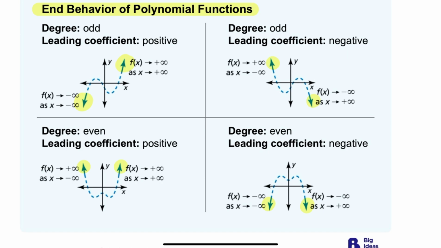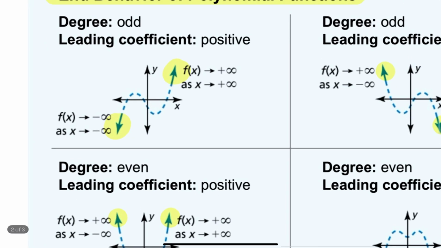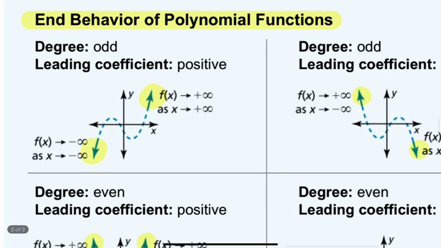So let's try to break this down as best as I can. This reads that the y values will be approaching negative infinity as the x values are approaching negative infinity.